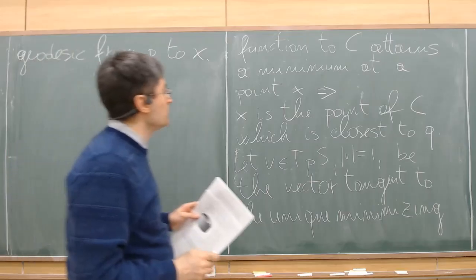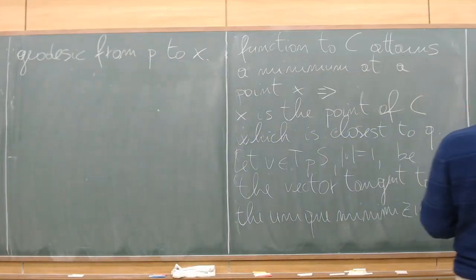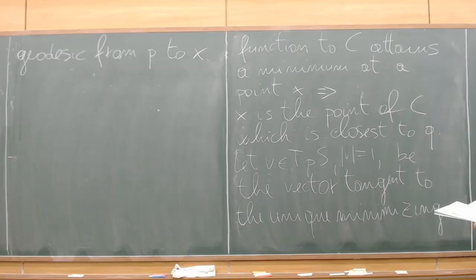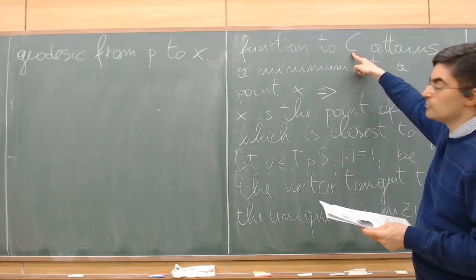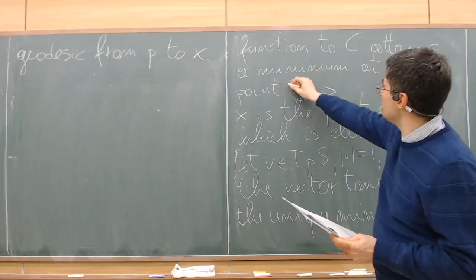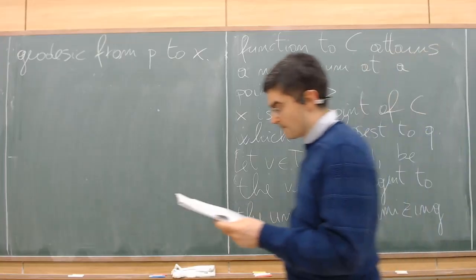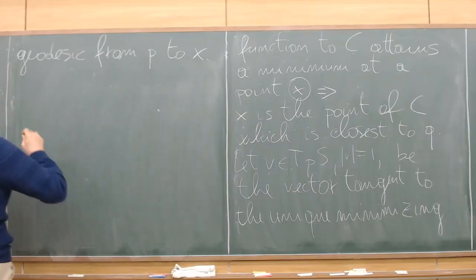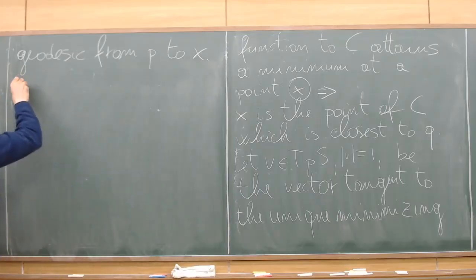Since the radius of C is equal to epsilon and X belongs to C, then we have the following fact.